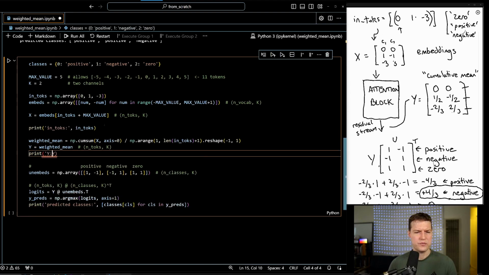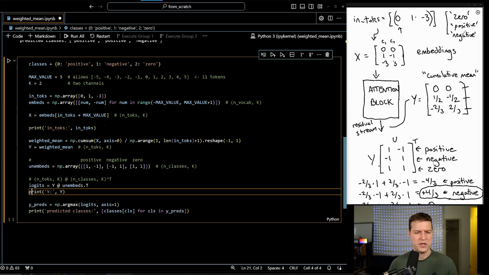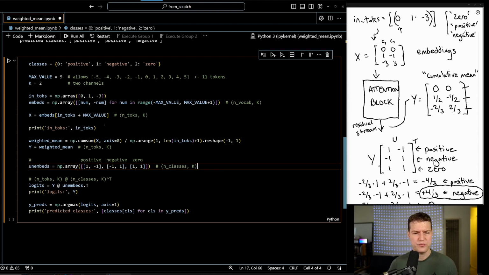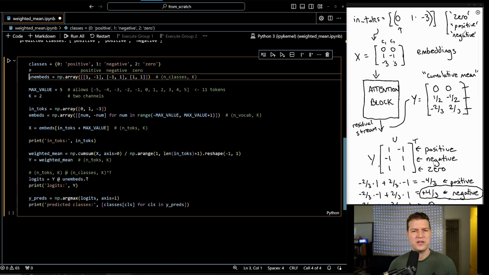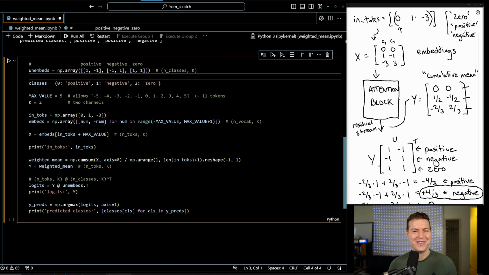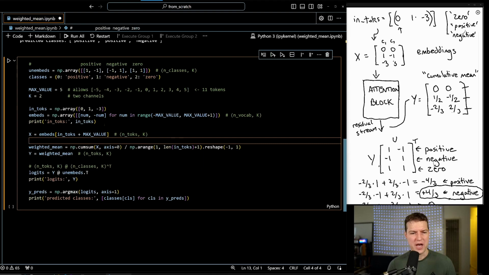Here, let's print our logits, that would be nice. Basically, I'm just moving this up so that we have the unembeds up here. You can see I'm being a bit inconsistent with my constants. But then you can see each step very easily, I hope.